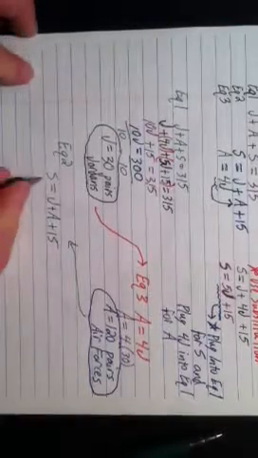Replace the a with 120. Replace the j with 30. And then plus 15 on the end. Adding those all up, we get 165 pairs of socks.